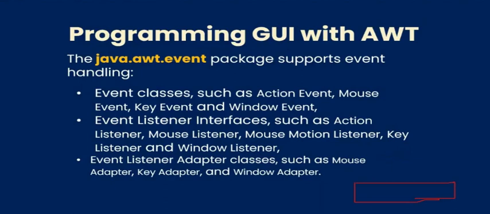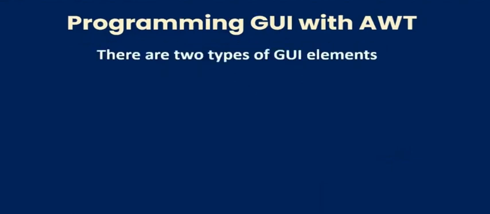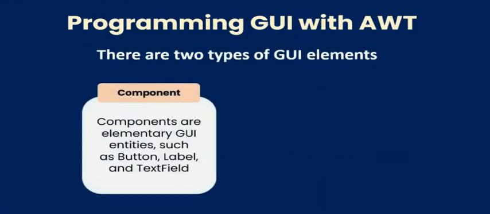Okay, so there are two types of GUI elements. Number one is component.